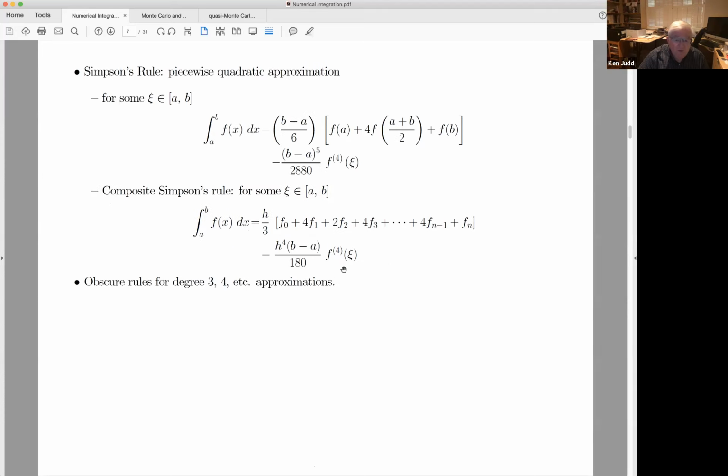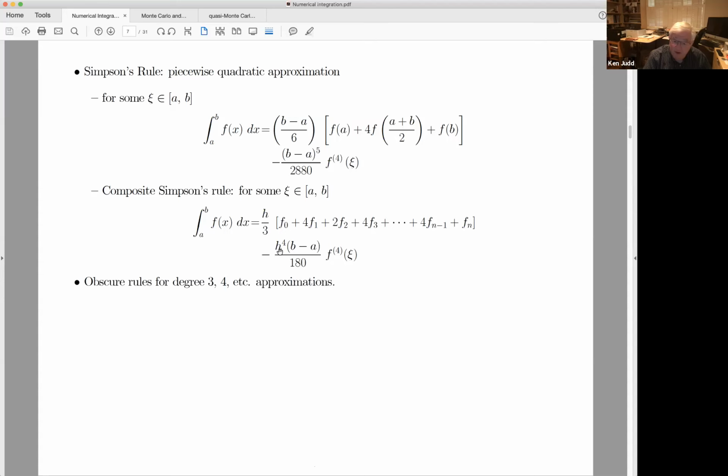And now Simpson's rule is the same logic, where you do piecewise quadratic, and there the weights go 1, 4, 2, 4, 2, 4, and so on. But now here's the error. Notice, however, that the errors are proportional to the fourth power of h.